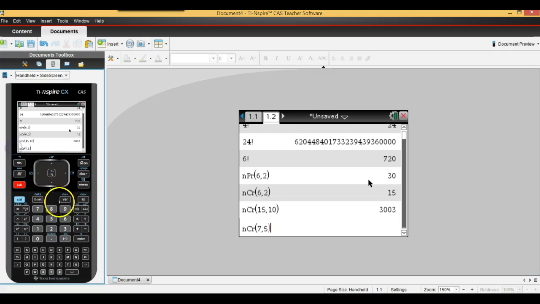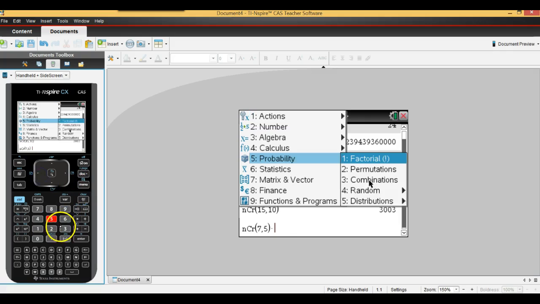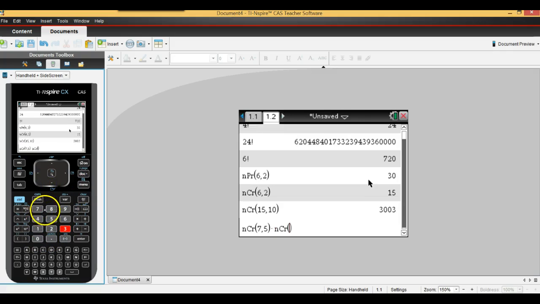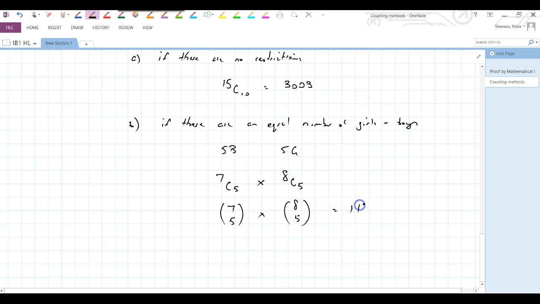We tab across, times, and we go in again, menu, 5, 3, NCR, we want 8, 5, we hit enter, that's 1,176. So there's 1,176 ways we can choose 5 boys and 5 girls. Different ways of those being made up without order being important. So 5 from 7 times 5 from 8.